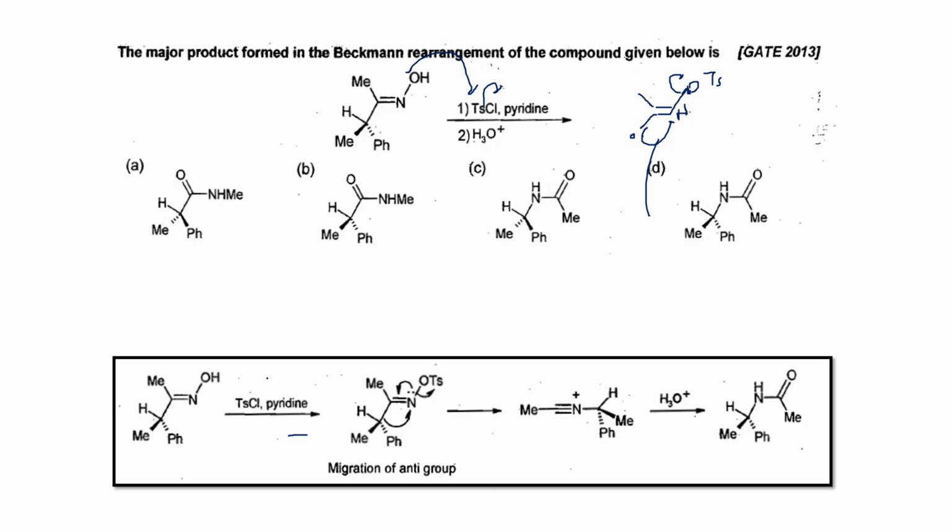So this reaction goes through like this. As this is trans, this anti-migration happens, this will come here and OTs will be removed from the system, generating this.